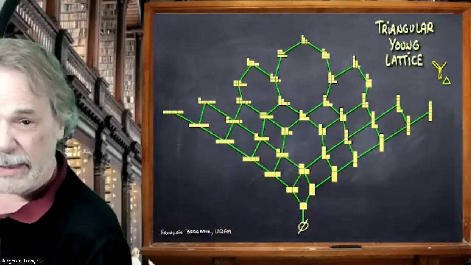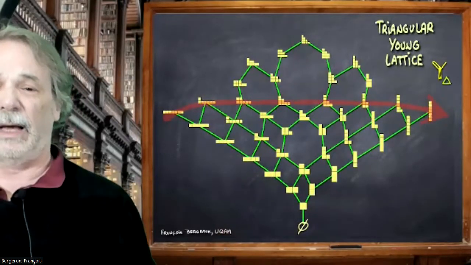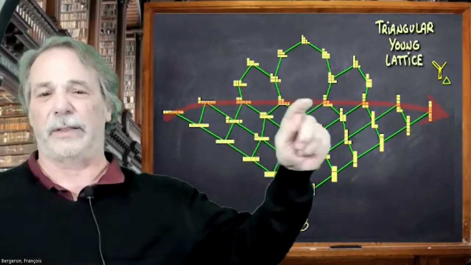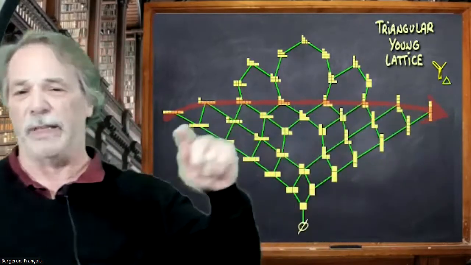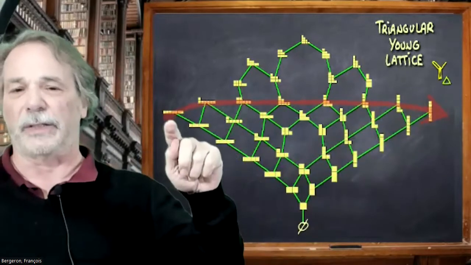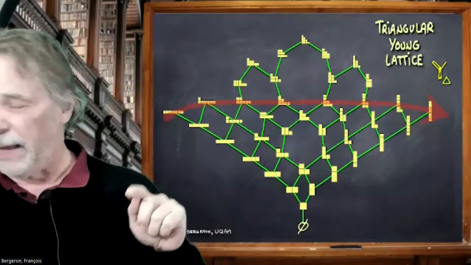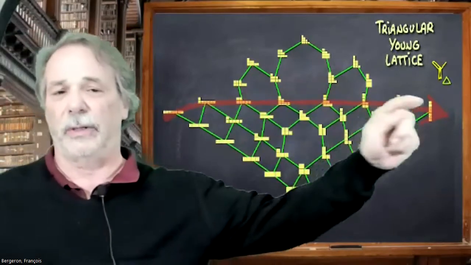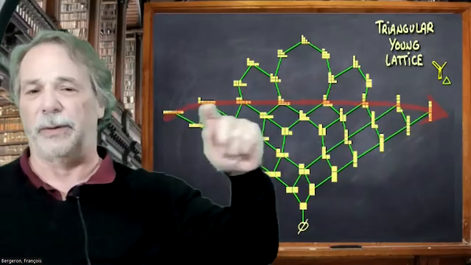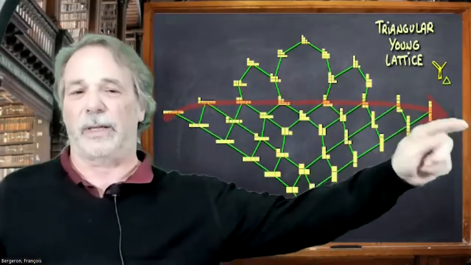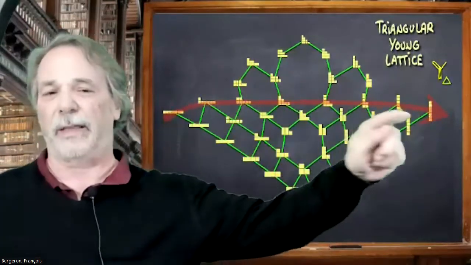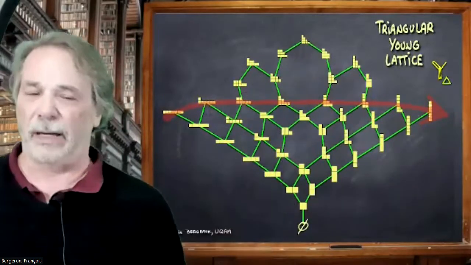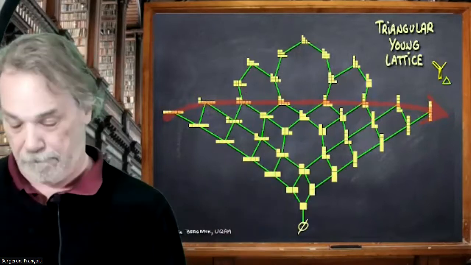Also if you look at the level, that's in red, you see a level of this lattice. So these are all partitions of, I guess, 7. It's a total order, and that's the dominance order. So the dominance order for triangular partitions is like this, a level of the triangular Young lattice, which is planar.